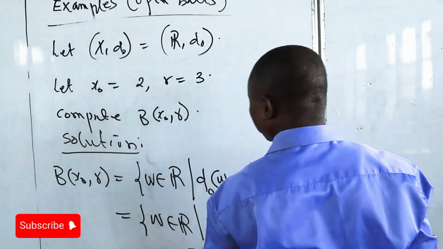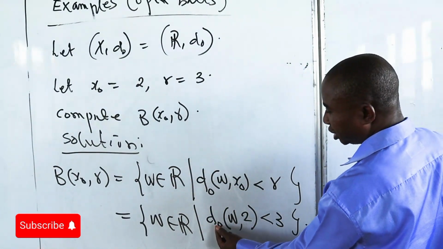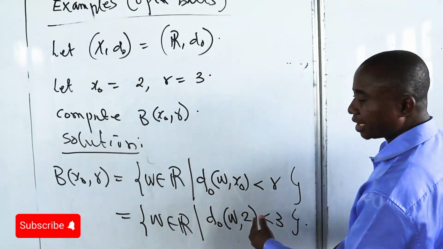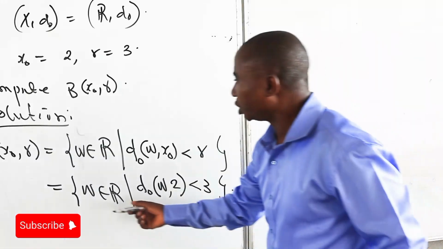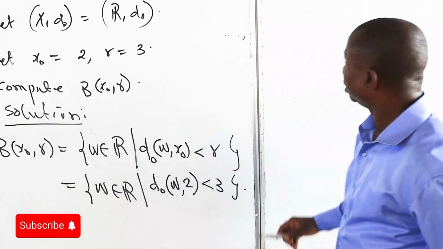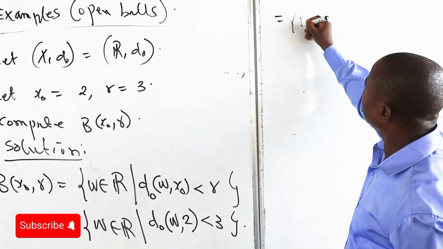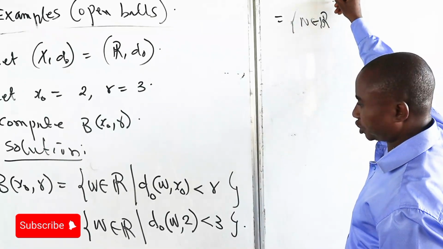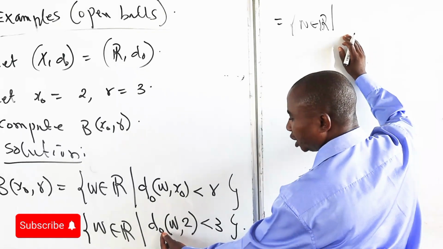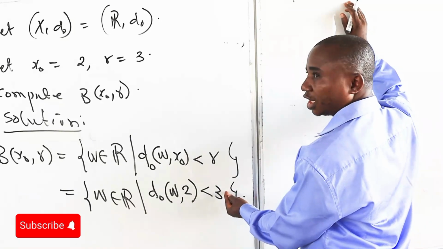Now, here comes the question. We must take into account the behavior of d naught. d naught produces only 2 images, 1 and 0. So here we have that this, by definition, is again equal to all w in R such that the distance d naught between w and 2 is strictly smaller than 3.